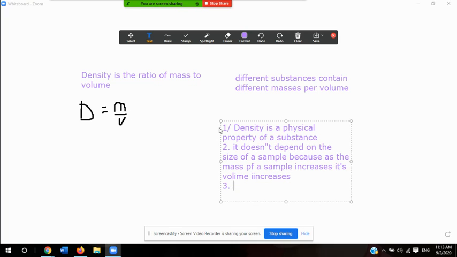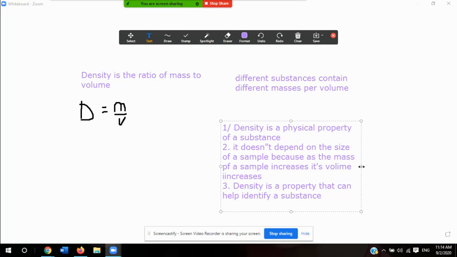So density is a property that can help identify a substance. So those are three important characteristics or facts on density.